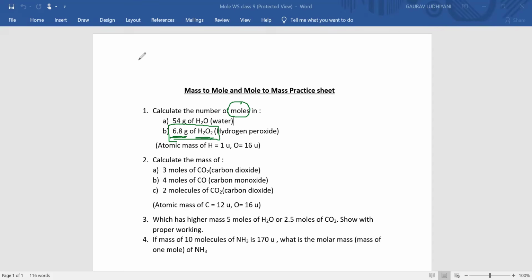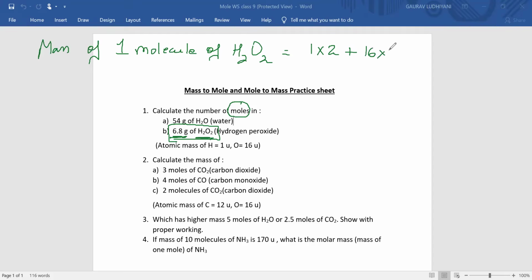So again, tip and trick number 2, this is the best resource that you have, that you always know how to calculate things for one. So let's calculate mass of one H2O2, one molecule, obviously. Mass of one molecule of H2O2 is going to be 1 into 2 plus 16 into 2, which comes out to be 34.